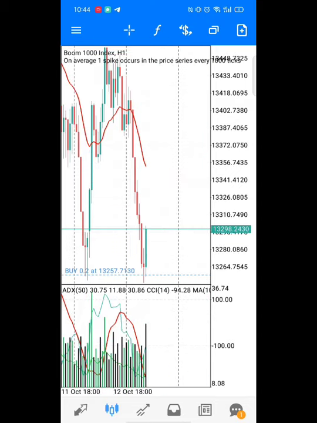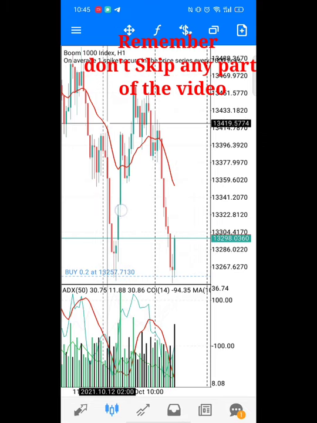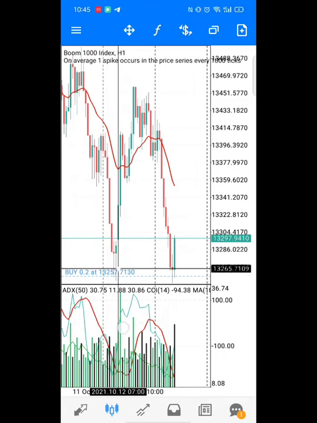So guys, I spotted the candlestick pattern. As you can see at this point, this candlestick pattern was here and then it indicated a reversal. Please watch this carefully. On this market, sellers were in charge until it got to this point where sellers became exhausted.